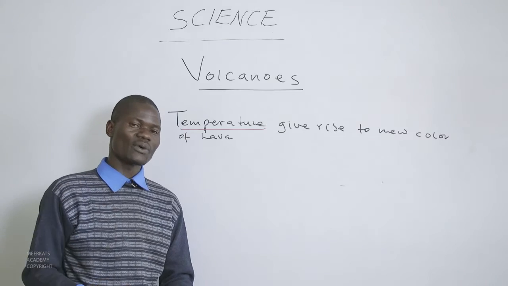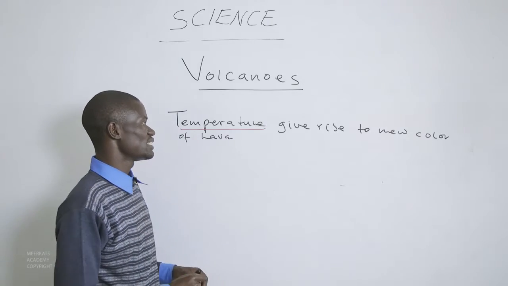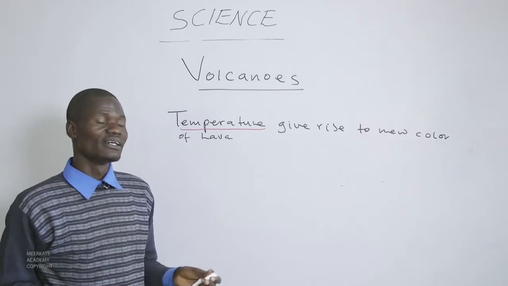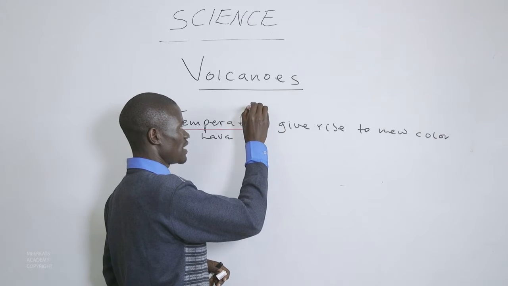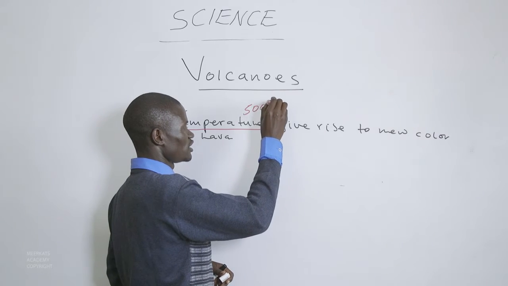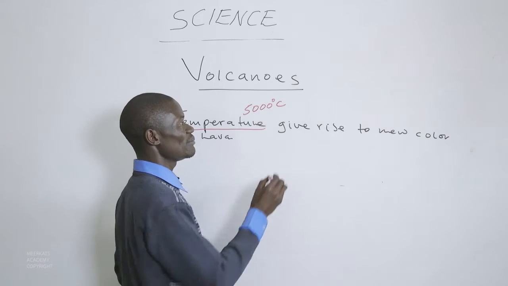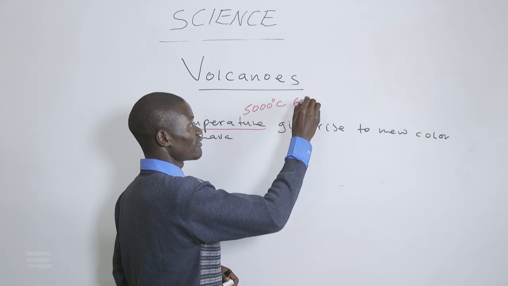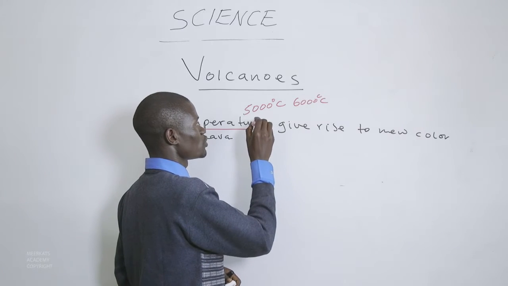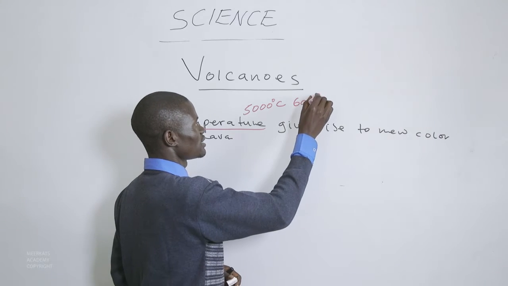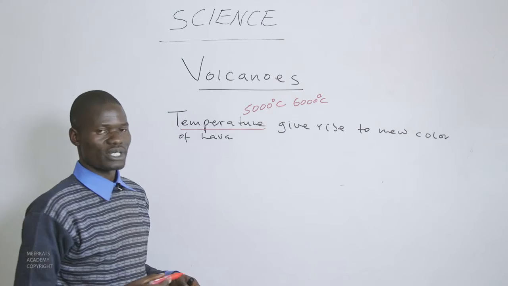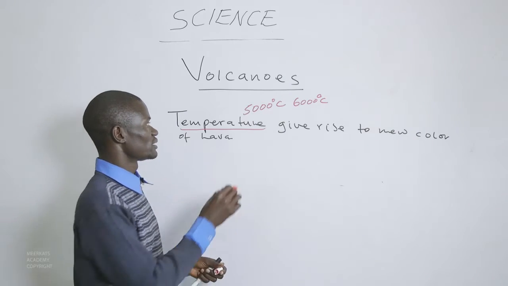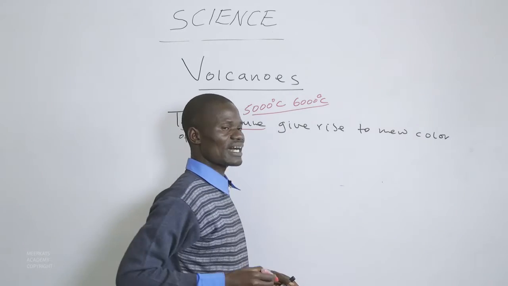In the interior, where the core is found, the temperature is very high. It ranges around 5,000 degrees Celsius, and sometimes in some areas it goes up to 6,000 degrees centigrade.